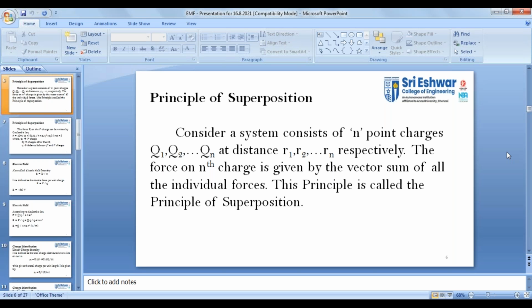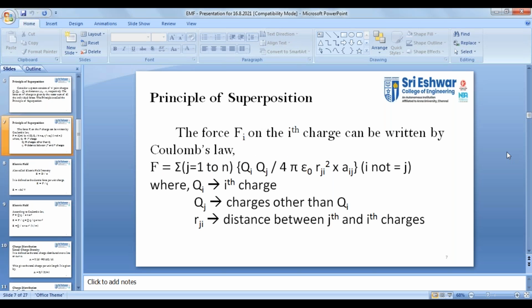So consider a system consisting of n point charges q1, q2, etc. up to qn at distances r1, r2, etc. up to rn respectively. The force on the nth charge is given by the vector sum of all the individual forces, and this principle is called the principle of superposition.